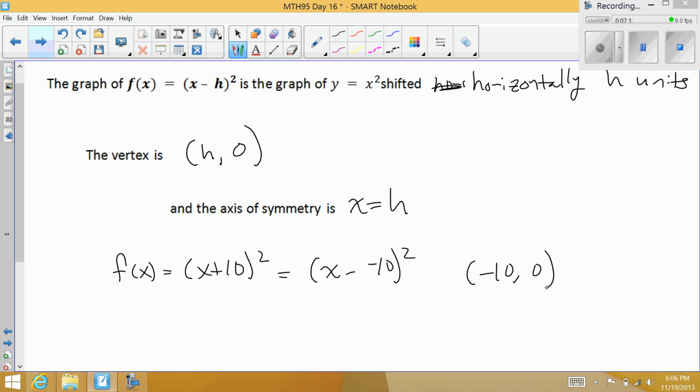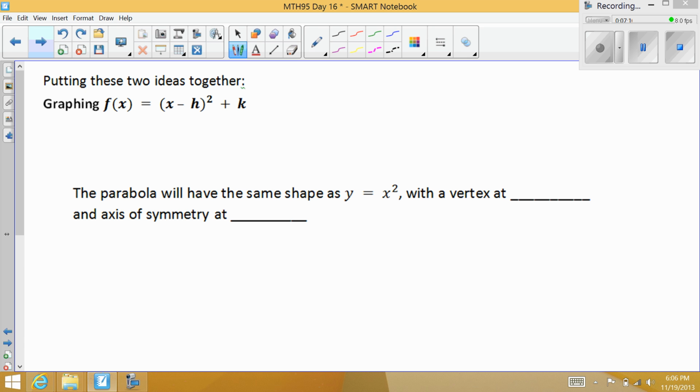Okay, putting these two ideas together, we get the formula for the equation of a quadratic equation in vertex form, f of x equals (x subtract h) squared plus k. So if we have it in this form, the vertex will be at (h, k), and the axis of symmetry will be at x equals h.